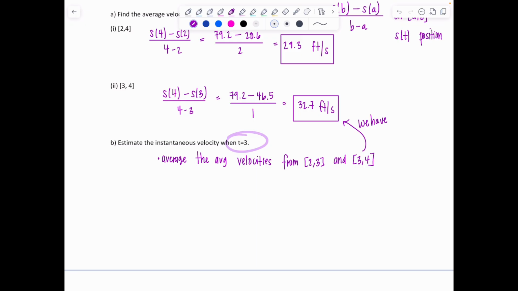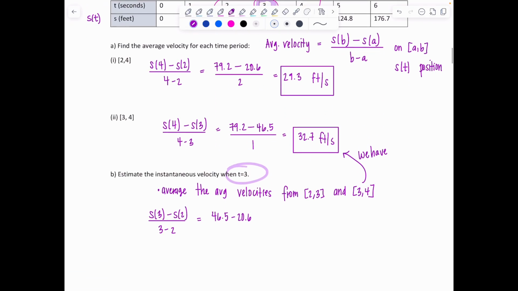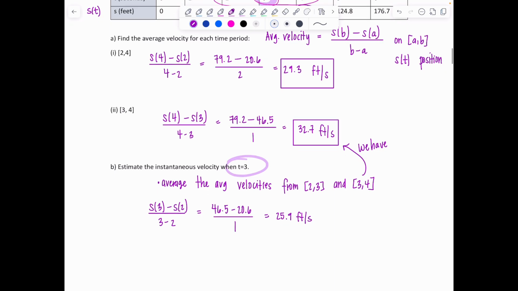Let's do that now. So that'll be S of 3 minus S of 2 over 3 minus 2. So that's 46.5 minus 20.6, over 1, which gives me 25.9 feet per second. Okay, that's not our final answer.